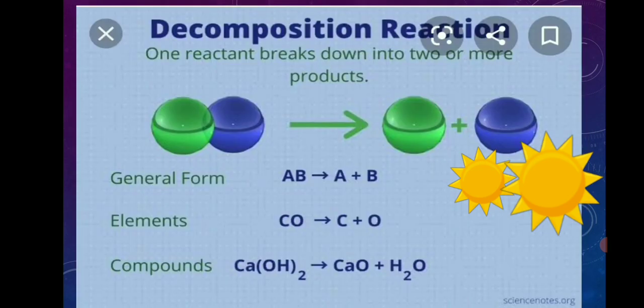Now the next term is decomposition reaction, a chemical reaction in which more than one product is obtained from a single reactant. In general form, AB leads to A plus B.